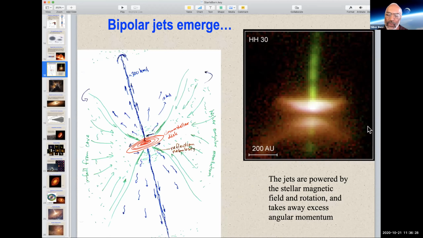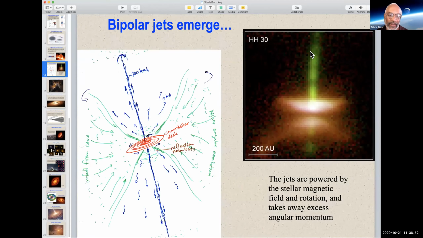And this is an actual picture of a star in formation. It's an edge-on disk. So the disk is actually here and blocking the light. This cavity here is what makes these two bowl-shaped things. And this fast stellar jet is this green straight thing in the middle.